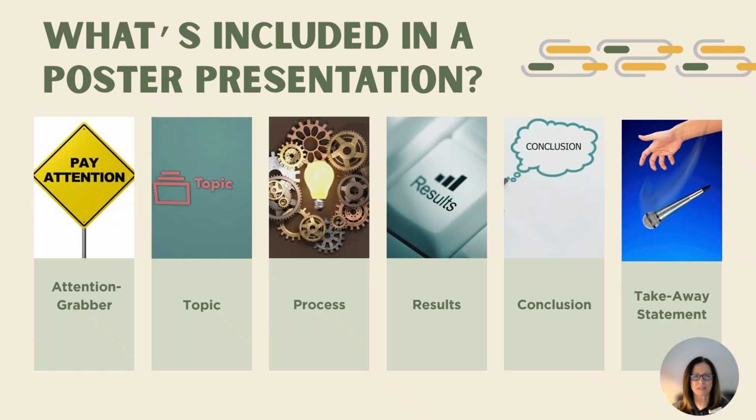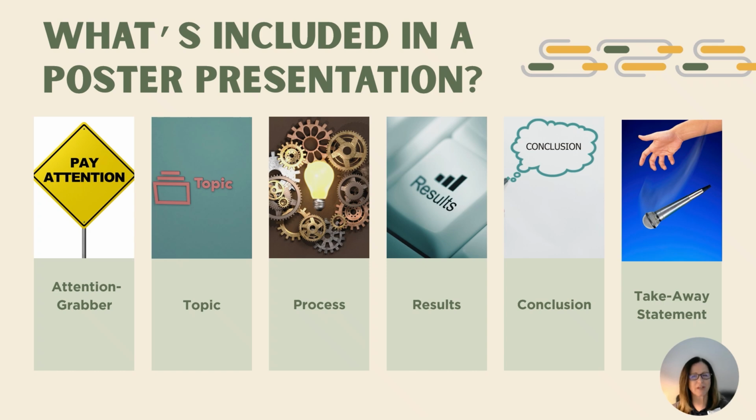After that, state what your project's topic is, what your research is all about. Then you'll briefly explain your process, how you approach the project and what methods you used. Keep it short and easy to follow so your audience gets the big picture. During your work, what did you discover, prove, or learn? What are your results?